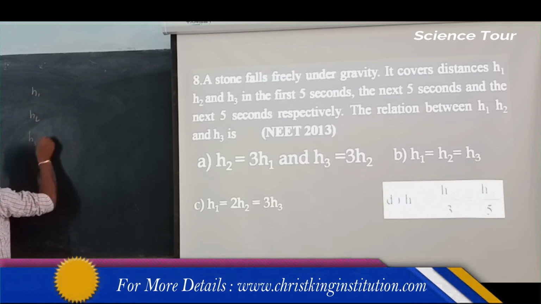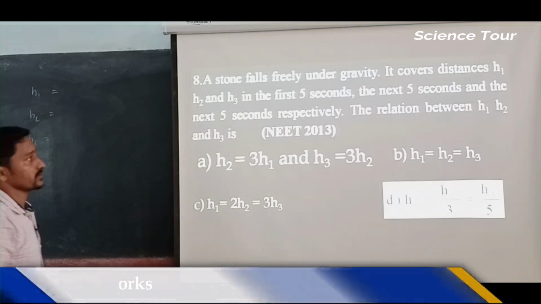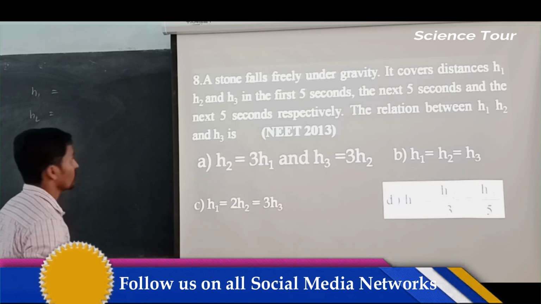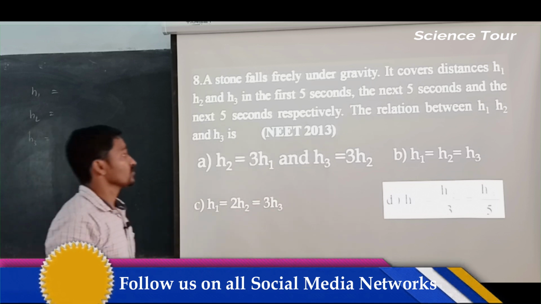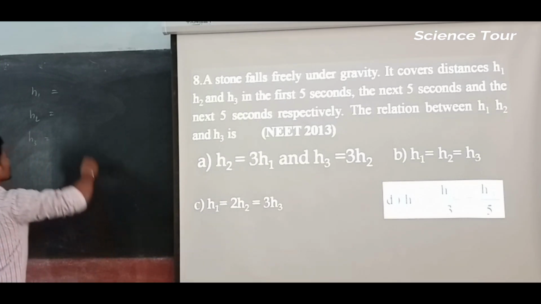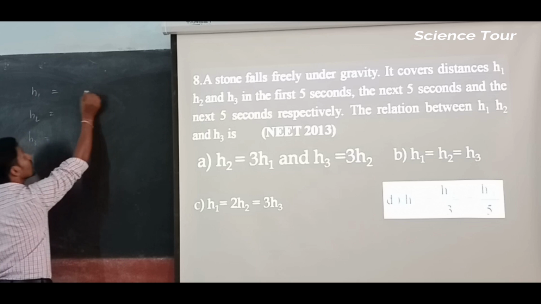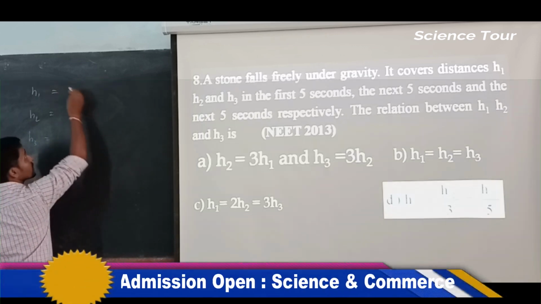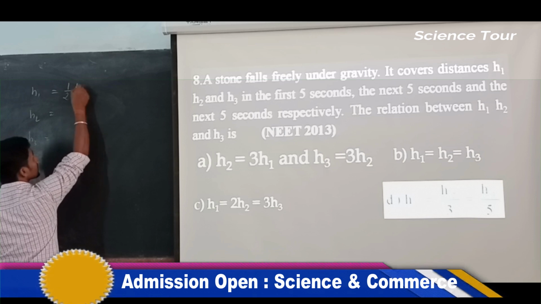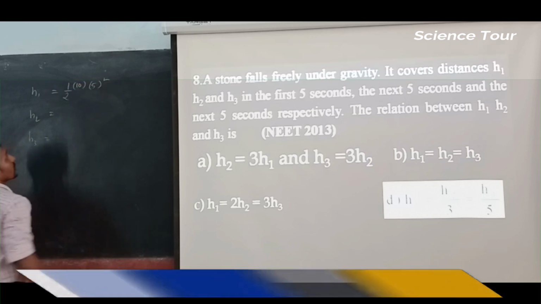How to calculate? First 5 seconds means h1, that is v naught t plus half a t square. V naught is 0, freely falling. Half g is 5, so 5 into t square, 5 whole square.